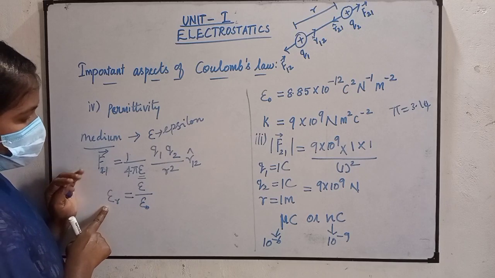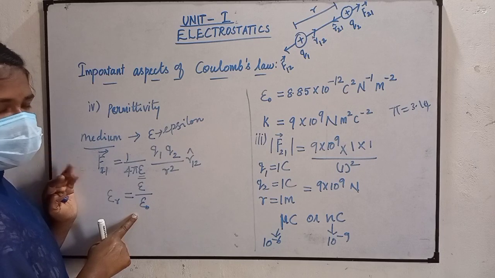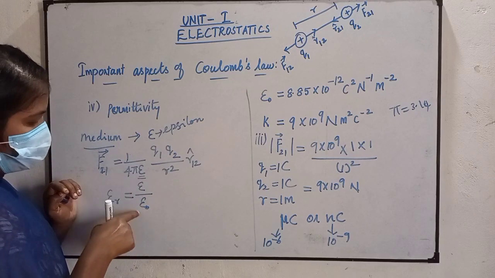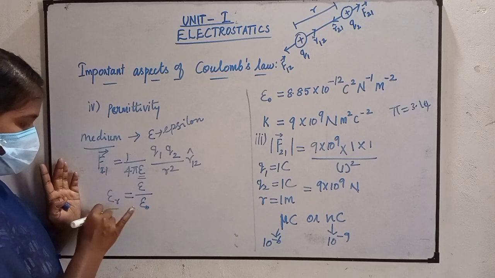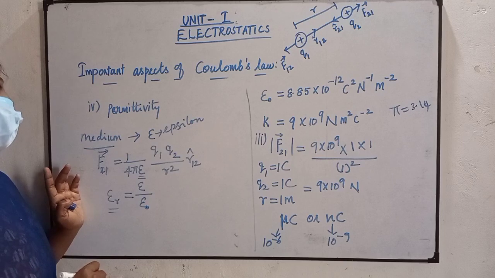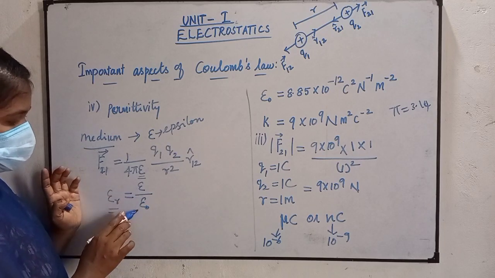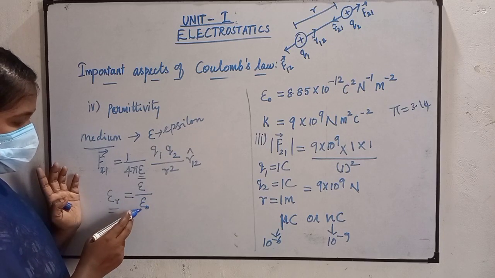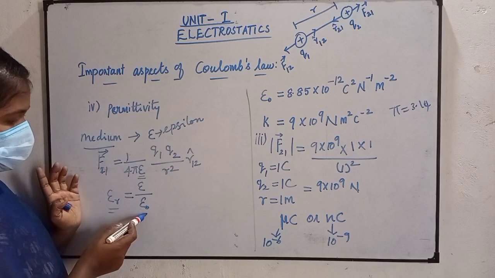If we consider these two, one is the medium, that means air medium or glass medium, and the other is the vacuum or free space, we use the relative permittivity. If you want epsilon, you move epsilon naught here, or if you want epsilon naught, you move epsilon r here.